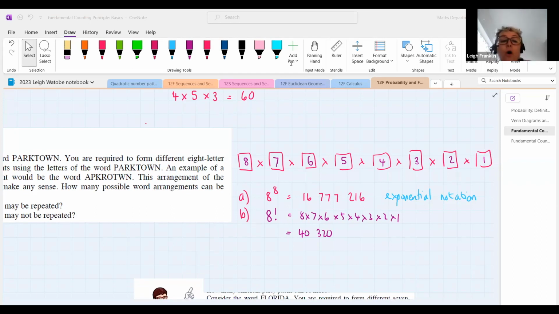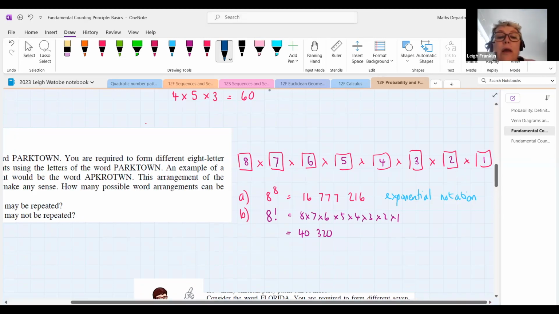Now, Nhlanhla says, what if we could move park, but town remains the same? Okay, lovely question. So in other words, are you saying, Nhlanhla, you want a T here, an O there, a W there, and an N there?